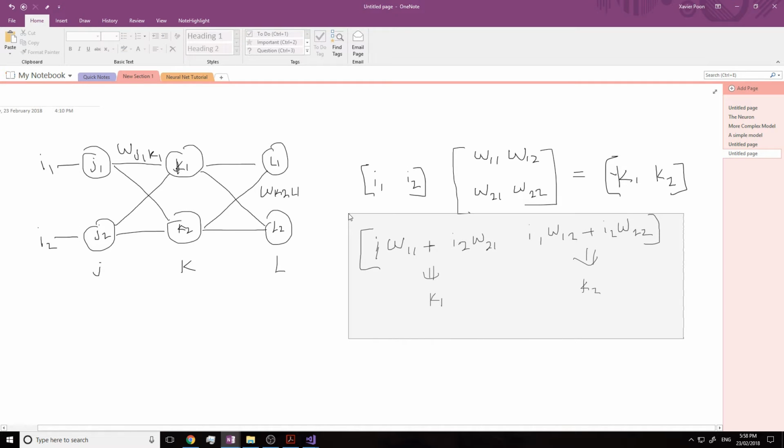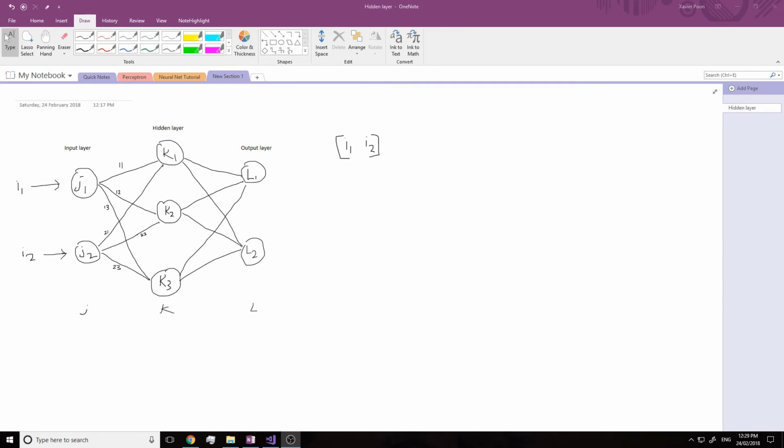So, what if we have a different matrix here, and it's different in that the hidden layer has 3 neurons instead of 2. How would the weight matrix between the jth layer and the kth layer look? Well, let's take a look. The input matrix has 1 row and 2 columns. So we know that if we were to be able to multiply this by another matrix, it needs to have 2 rows to get the 2 inside numbers the same. So what would the matrix be?